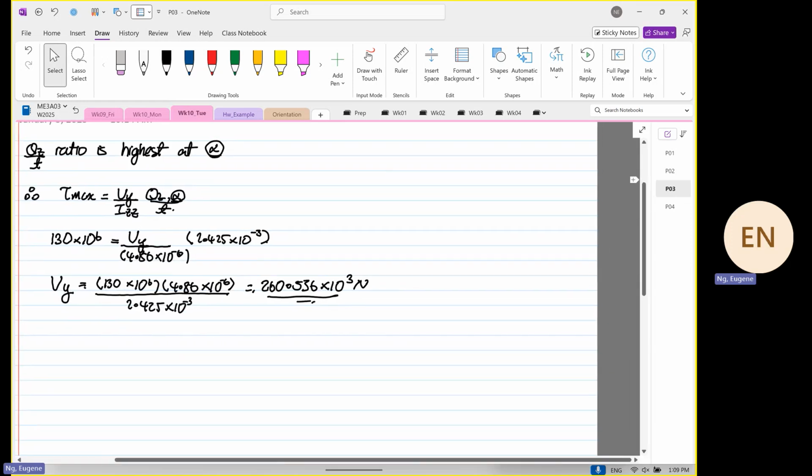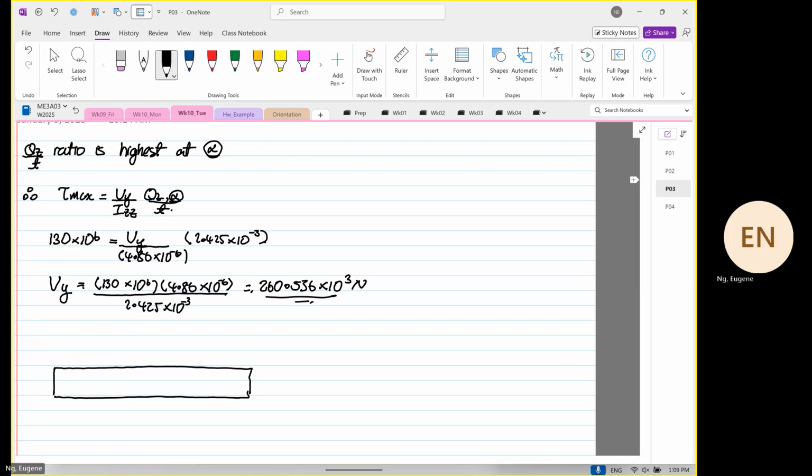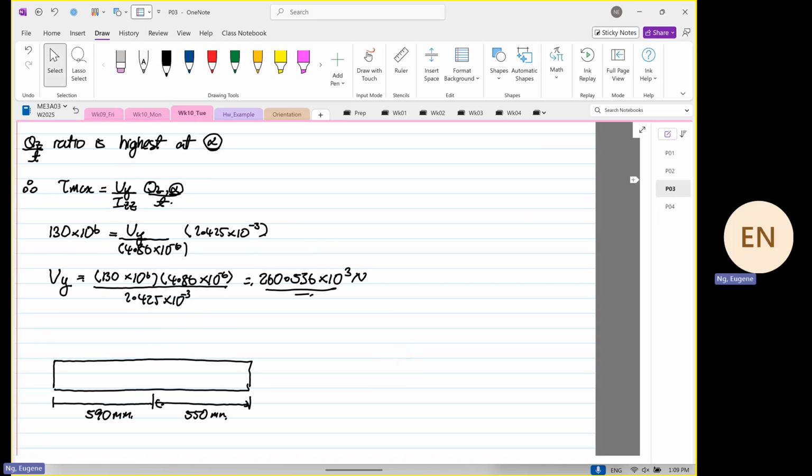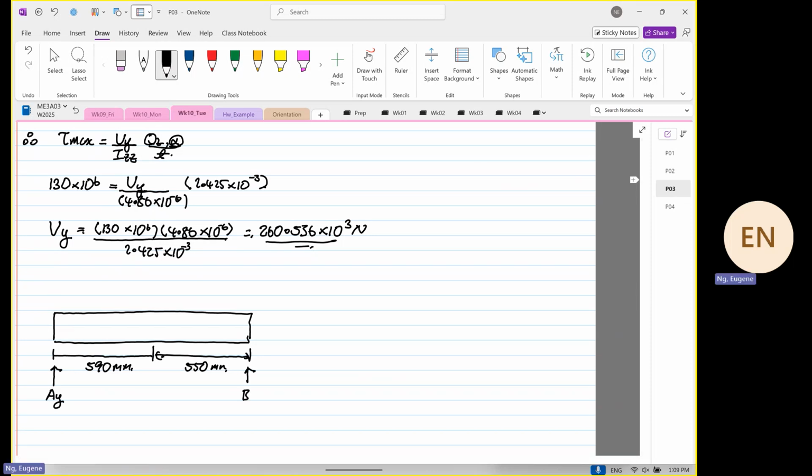Yesterday, we drew this. And we know that over here we have a distance of 590 millimeters, and then from here to here, we have a distance of 550 millimeters. Over here you will have AY, and then you will have BY.